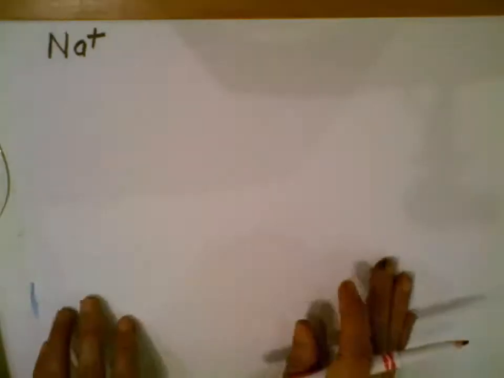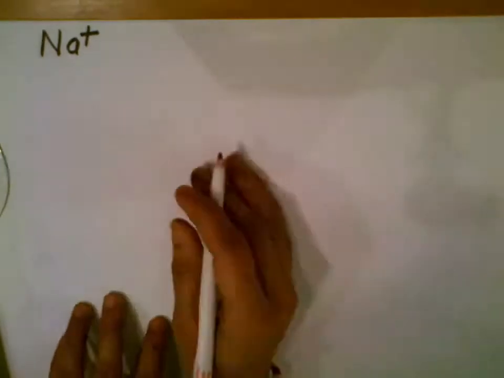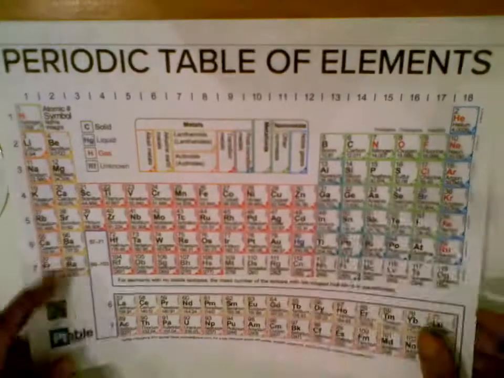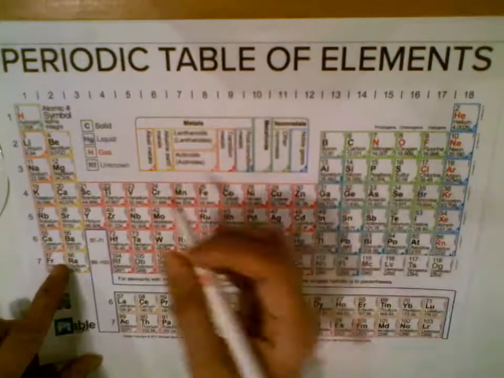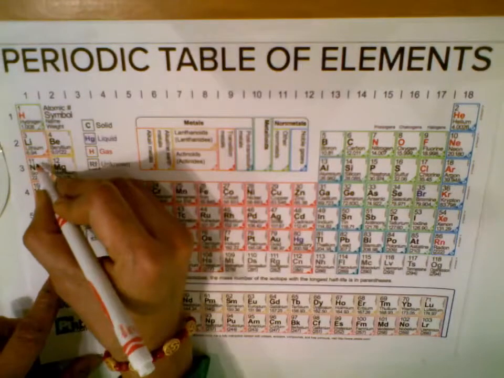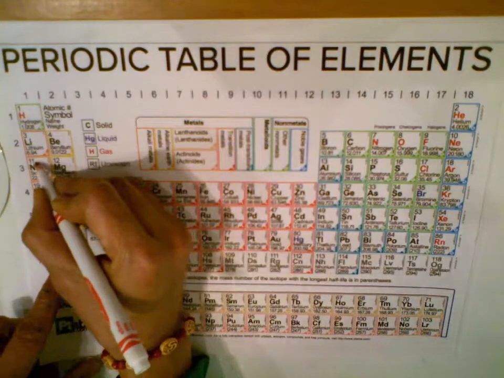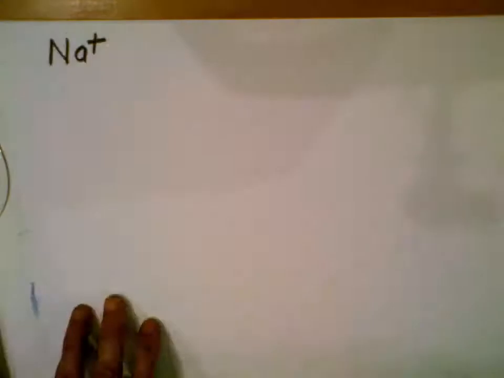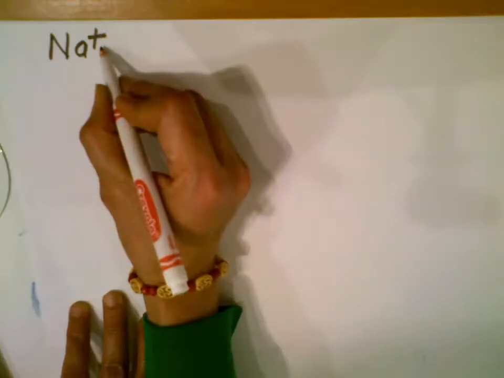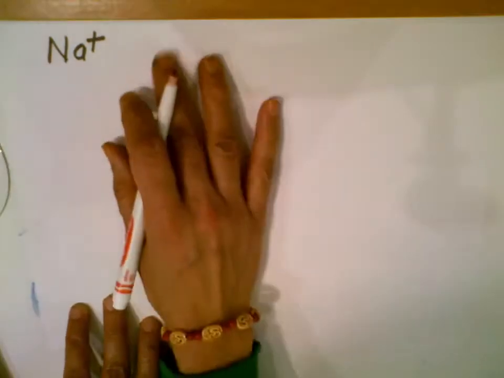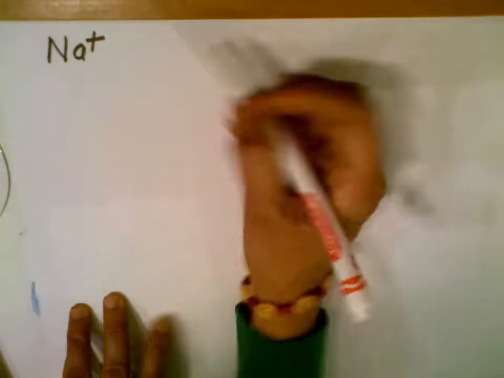So here, let's say, for the sodium ion, when you look at the periodic table, look at the parent atom. For sodium, you have 11 electrons in the parent atom. However, it says Na+. So what did we just learn? That when you see positive ions, it means electrons are lost. How many electrons are lost here? 1.